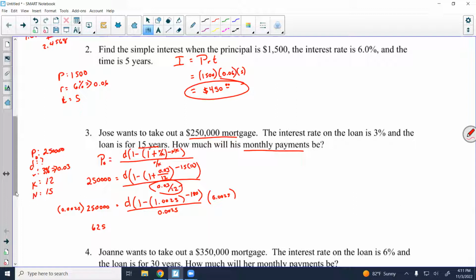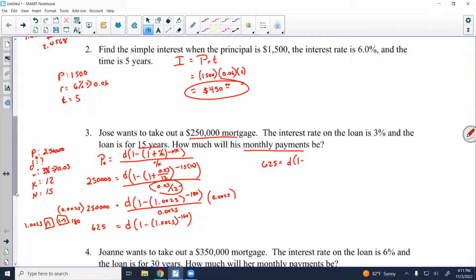Equals D times 1 minus 1.0025 to the negative 180th. I'm coming back over here. The 1 minus, and this 1.0025 to the negative 180th. 1.0025 caret negative 180.